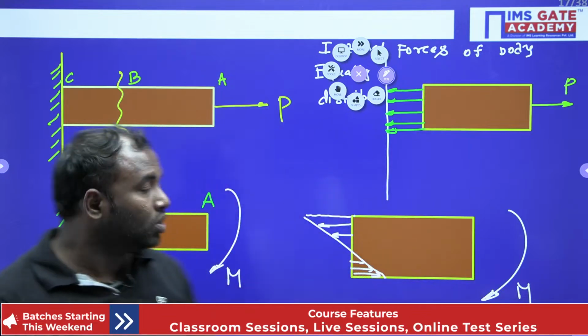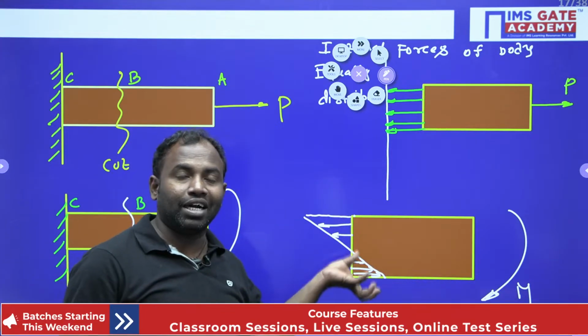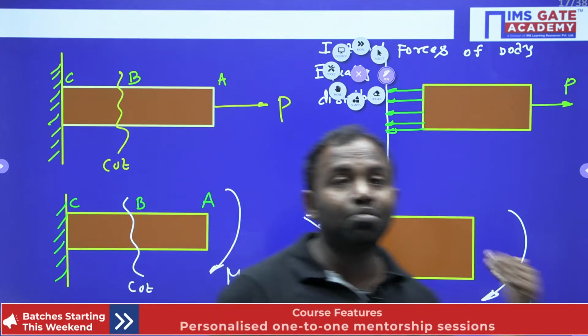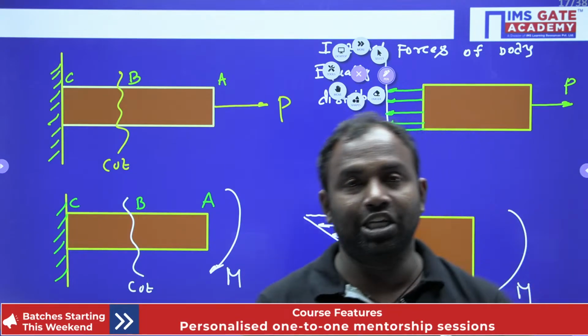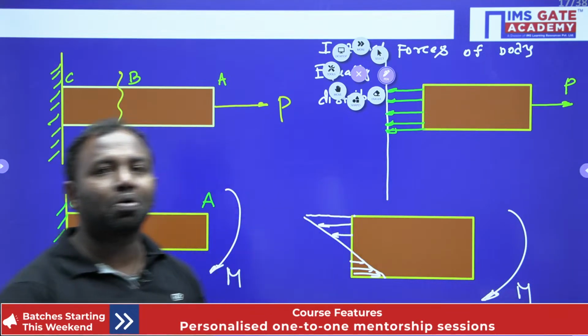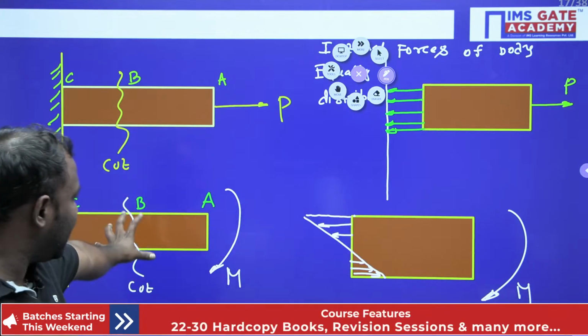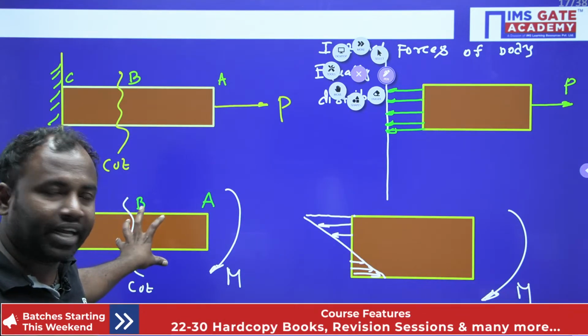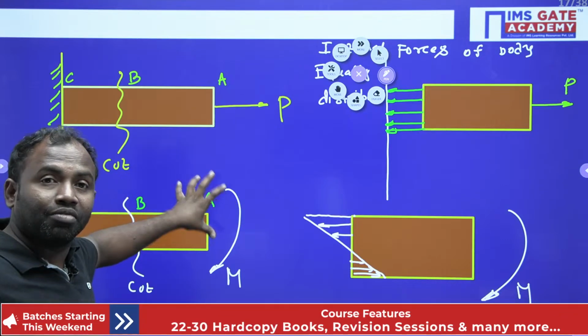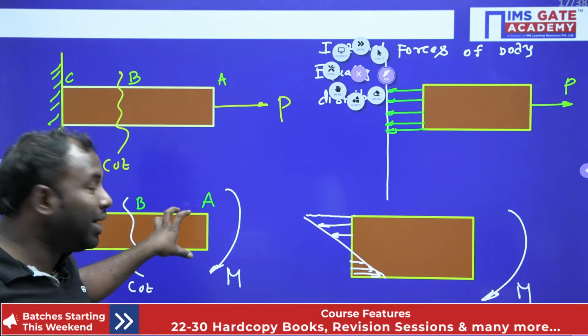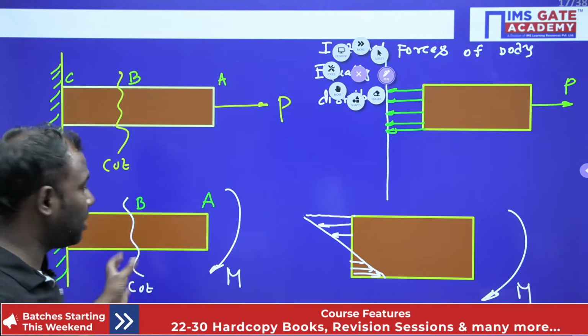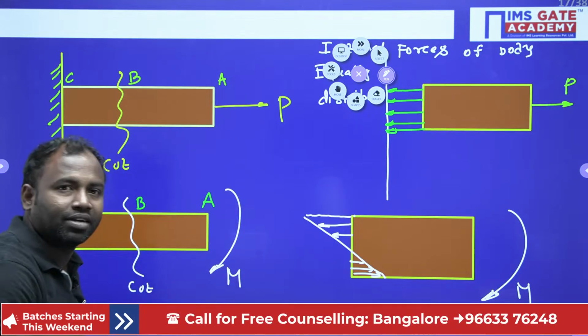Okay, now this moment of inertia we are trying to use to resist the bending moment as well as the twisting moment. That is what I would like to conclude by giving you this. Now what is a moment of inertia? Moment of inertia is the property of the body which resists the moment applied on the body. Suppose I am applying some moment on the body.